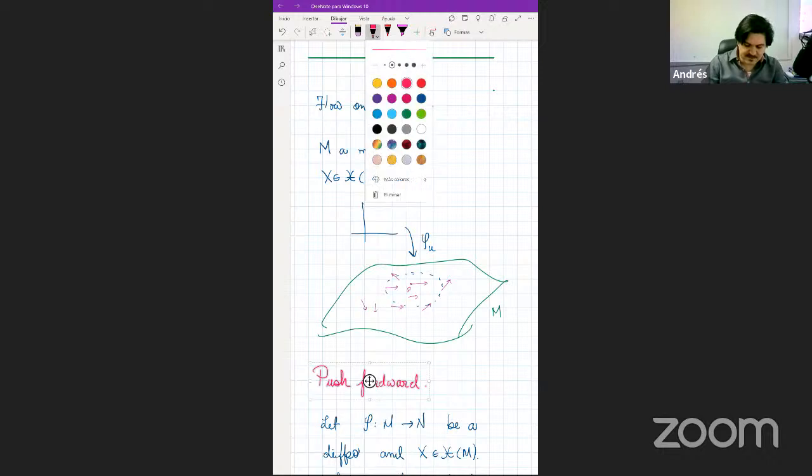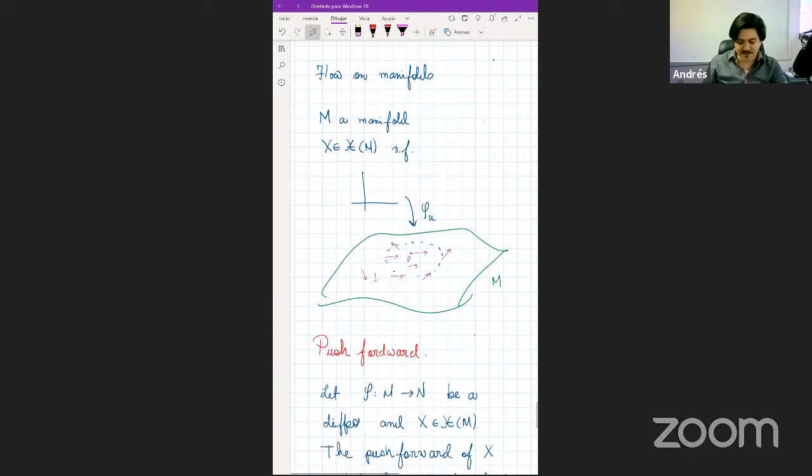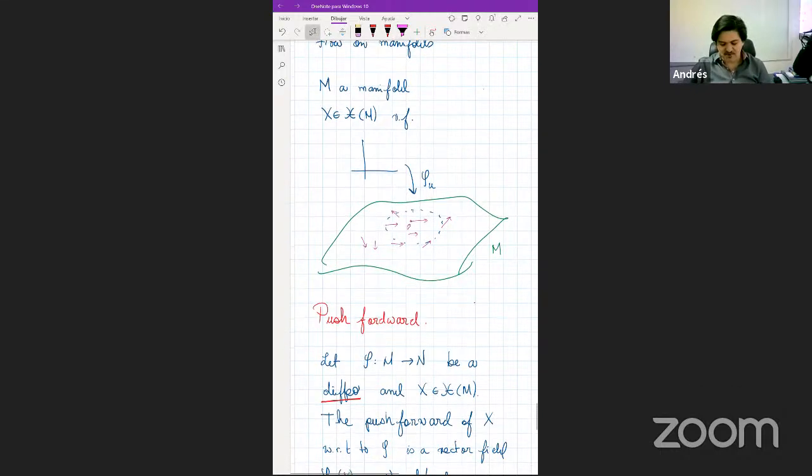So given a diffeomorphism, this is important, I'm not taking any smooth function, it has to be a diffeomorphism, and if I have a vector field on M, I'm going to obtain a vector field on N.